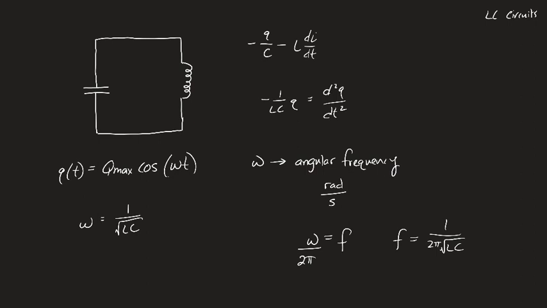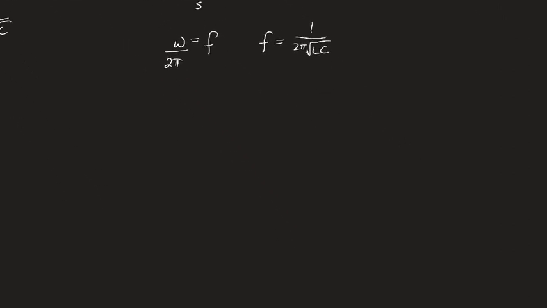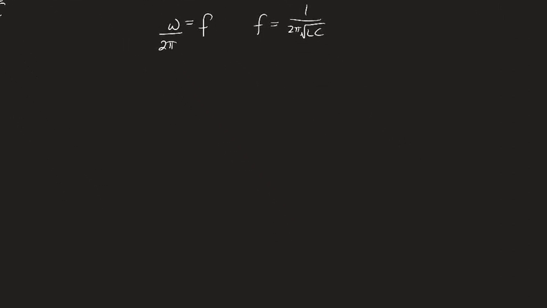So I'm bringing this up because we tend to think of frequency not in terms of radians per second, but in oscillations per second. So converting it to the oscillatory frequency makes the most sense. And we would expect this to be in hertz. The period of oscillation is just the inverse of the frequency.